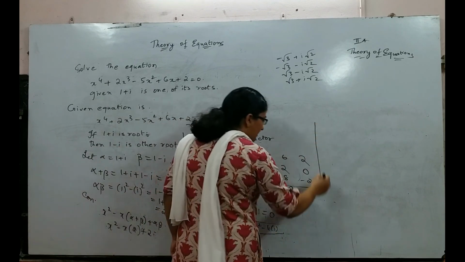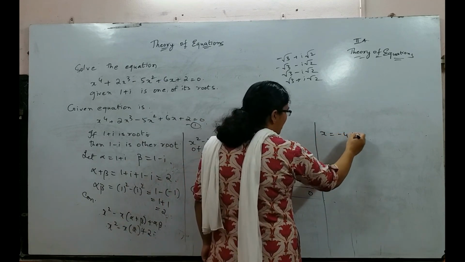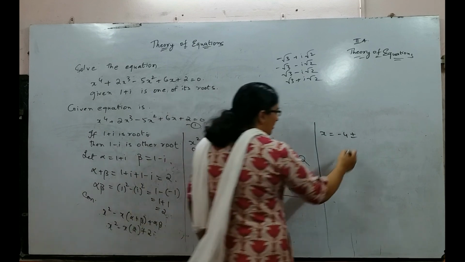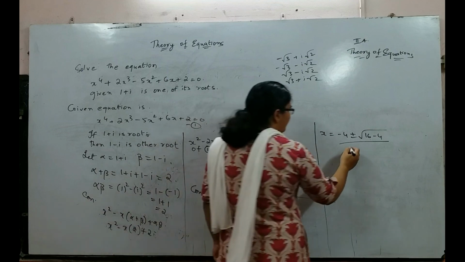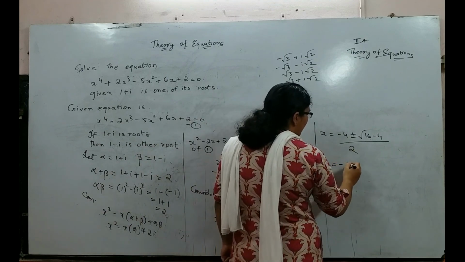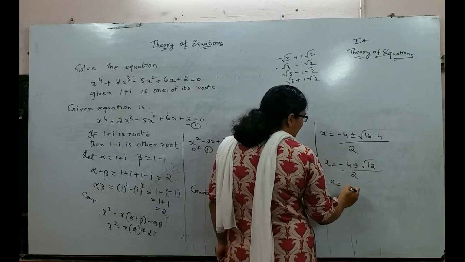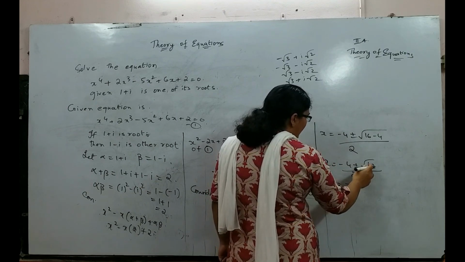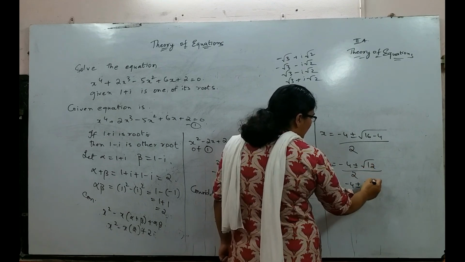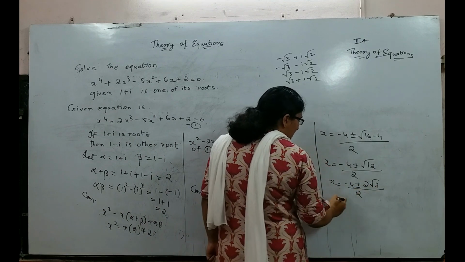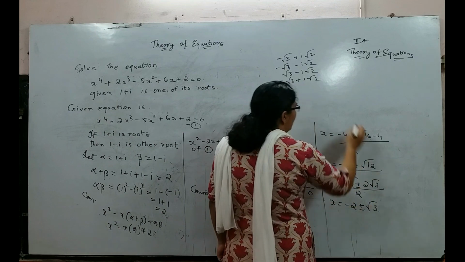That is x is equal to minus 4 plus or minus under root of 16 minus 4 by 2. x is equal to minus 4 plus or minus under root of 12 by 2. Here if you take 4 common, you get 2 root 3 by 2. So x is equal to minus 2 plus or minus root 3.